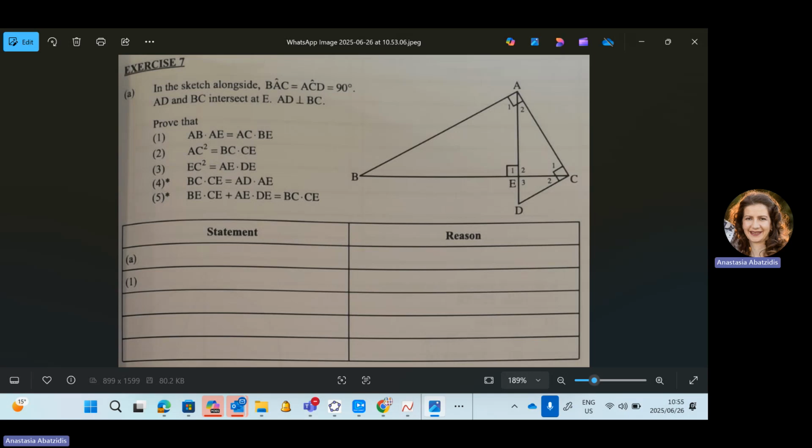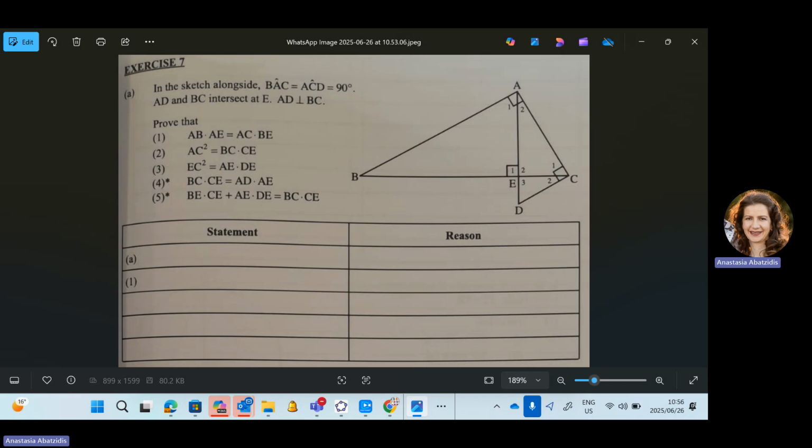Who wants to write the triangles in the right proportion? Triangle B, start with the big one. Triangle BAC is similar to triangle... if you did A, B, C, now do B. You start with B, then you went to the right angle.